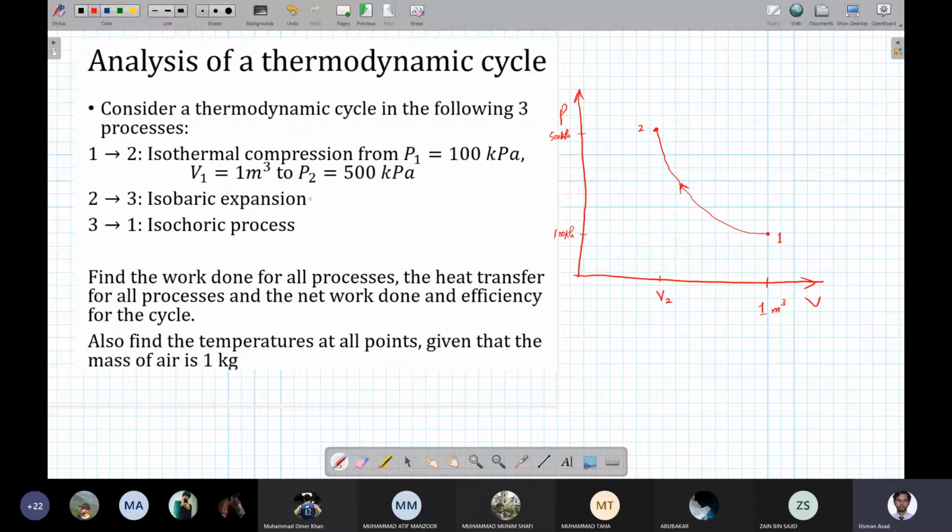उसके बाद वाले दो processes के बारे में honestly there should be more information. It's a bit confusing the way this problem is stated, but it's just an example problem. But still, the idea is that process 2 से 3 is an isobaric process, which means that the pressure is constant. ठीक है.